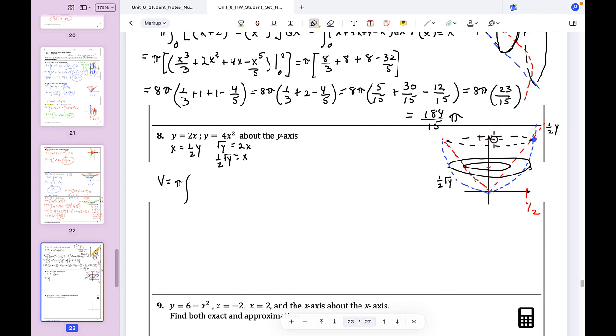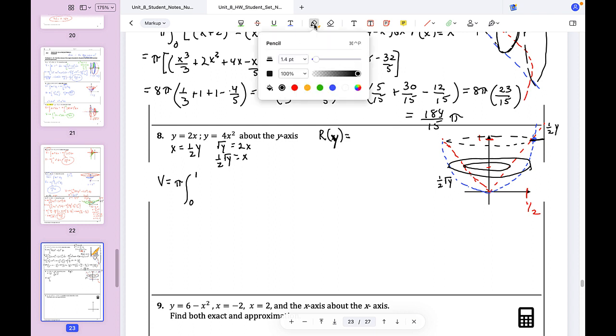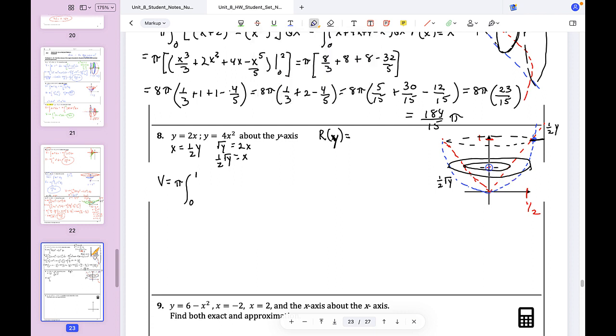Okay, so our volume is pi times the integral. Where is it intersecting in terms of y? It's intersecting at y equals 1, so we're going from 0 to 1, okay? Big Ry, we're going from here all the way out. That's going to be the parabolic function, which is 1/2 square root of y.